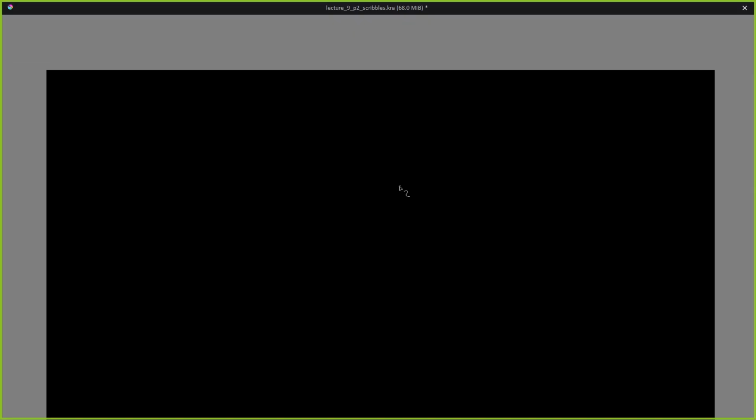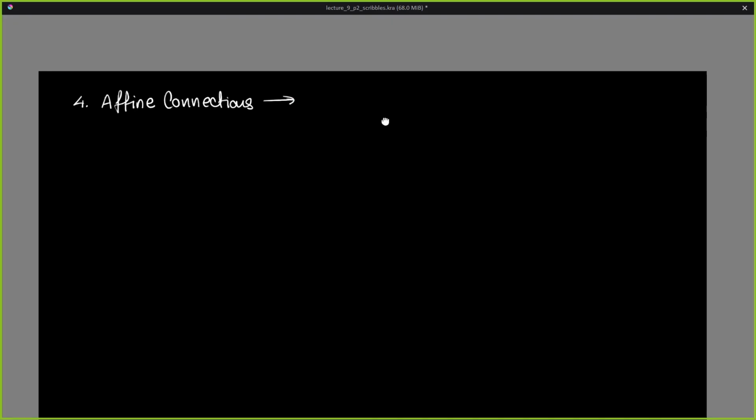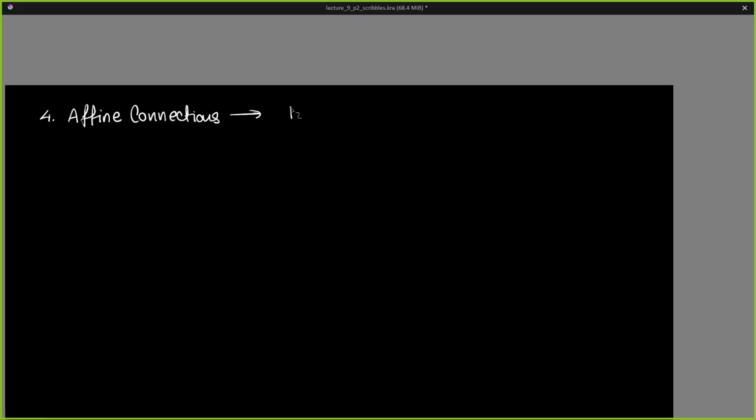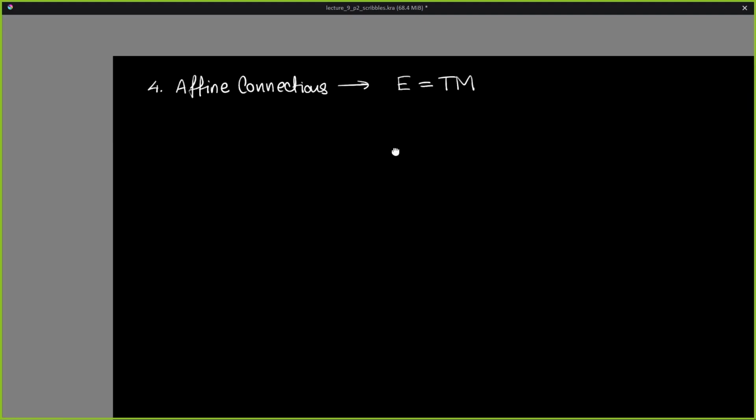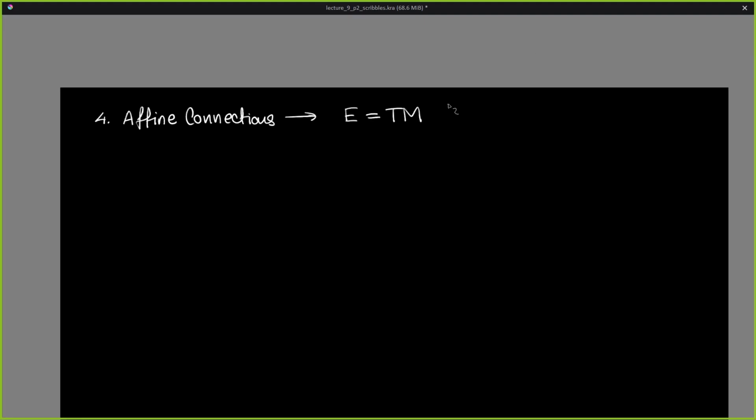We're going to do something I don't usually do, which is go to the next page in order to finish the recap. So then we looked at affine connections. Affine connections are connections where E is equal to TM, or sorry, E is equal to TM. So this is on the tangent bundle.